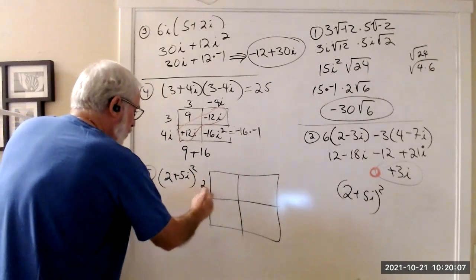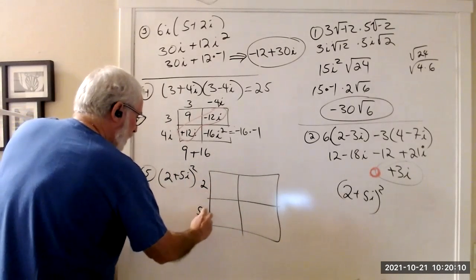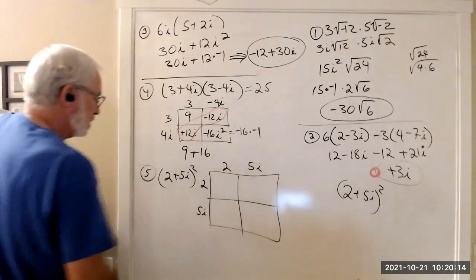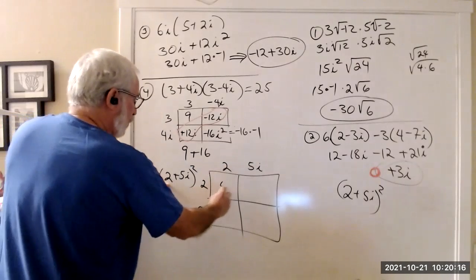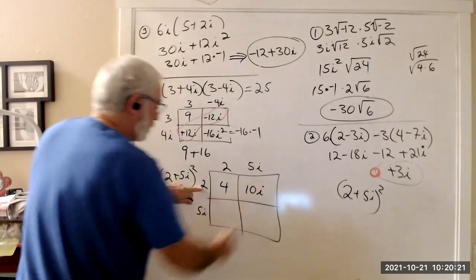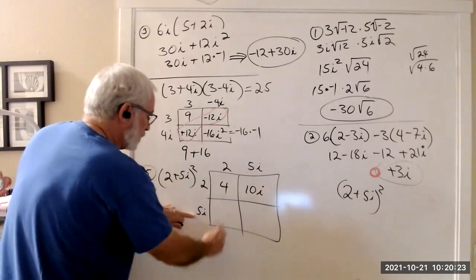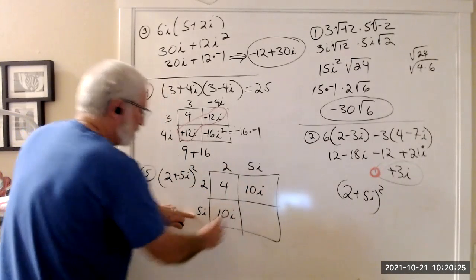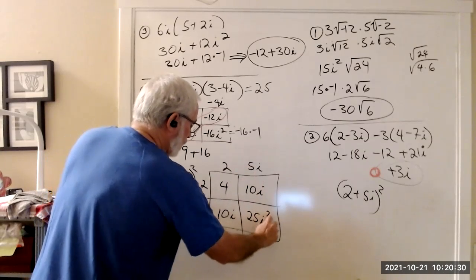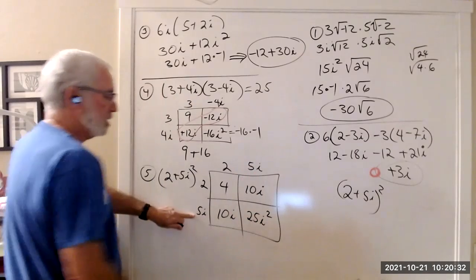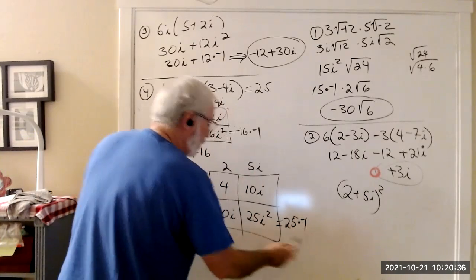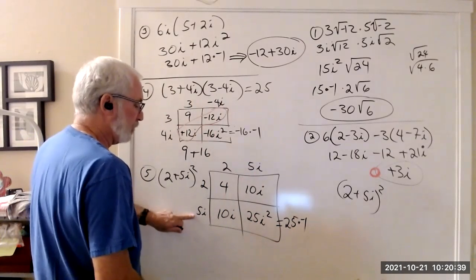So we have 2, 5i, and 2, 5i. 2 times 2 is 4. 2 times 5i is 10i. 5i times 2 is another 10i. 5i times 5i is 25i squared. But that makes 25 times -1, which is -25.